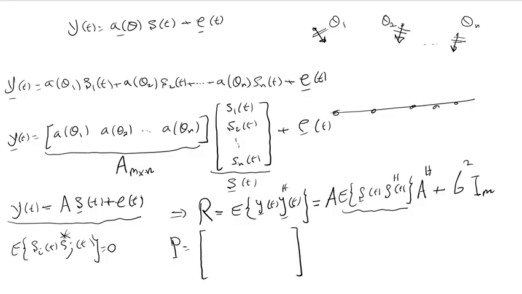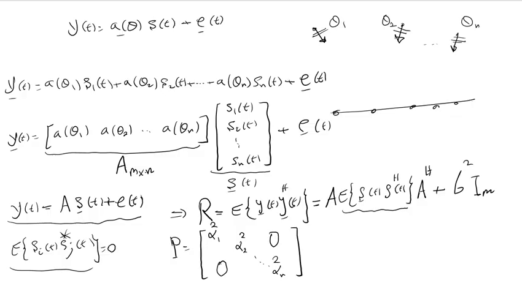which is formed by the power of each source. The first source, for example, alpha 1 squared, the second source alpha 2 squared, and the last one alpha n squared, and the others are 0 because I assume signals are orthogonal or non-coherent.